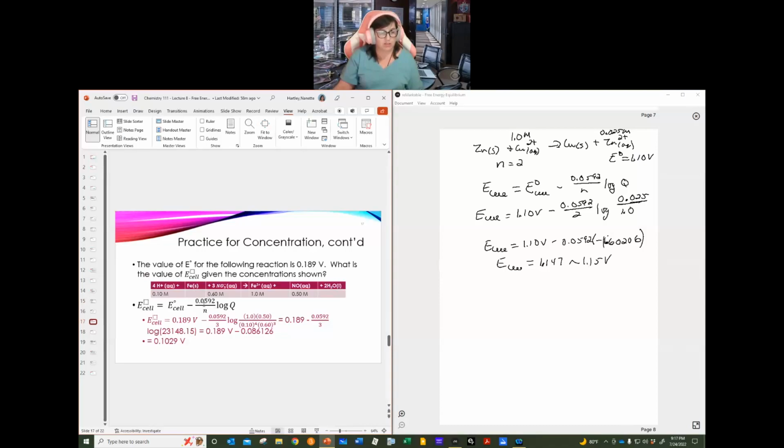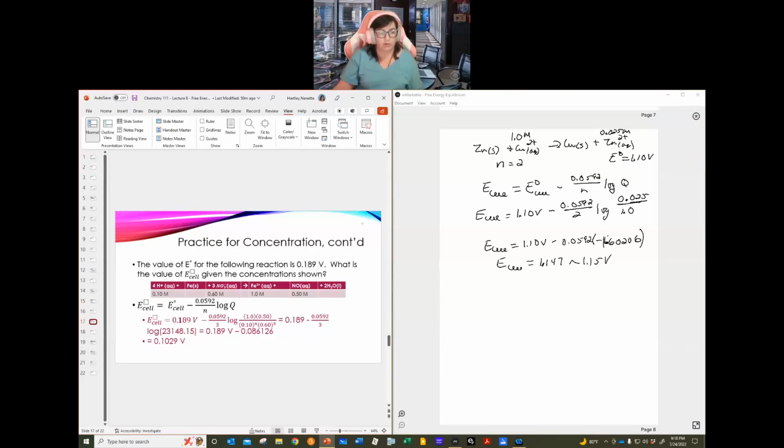So the Fe I don't care about, the solid, and the H2O liquid I don't care about. But I have a concentration for H plus, I have a concentration of NO3 minus, I have a concentration of Fe3 plus, and I have a concentration of NO aqueous. So I can set all of that into my Q, right? And I have my standard for this, which is 0.189 volts.